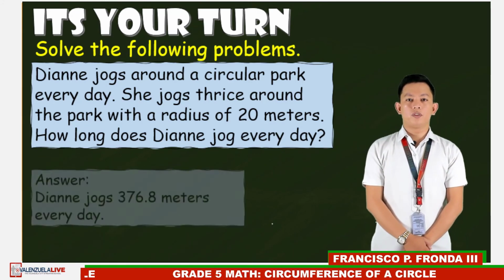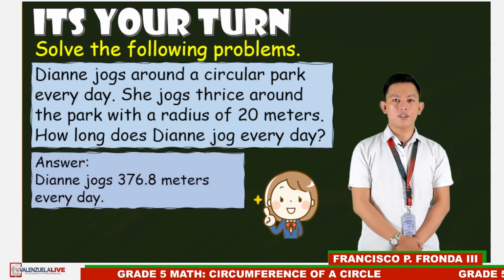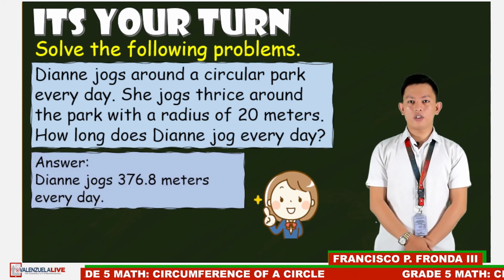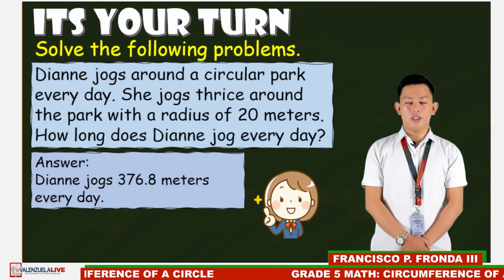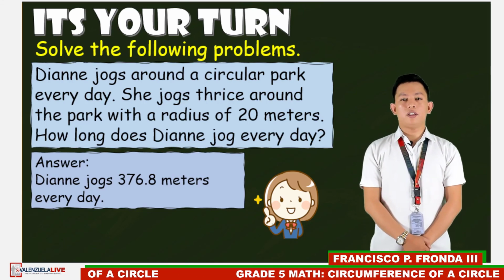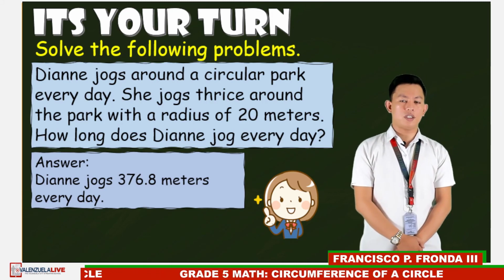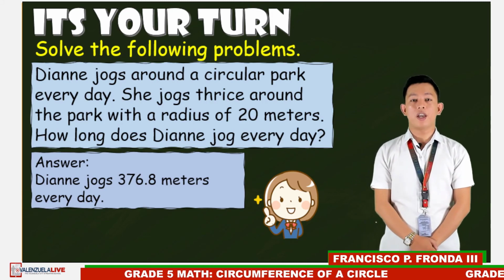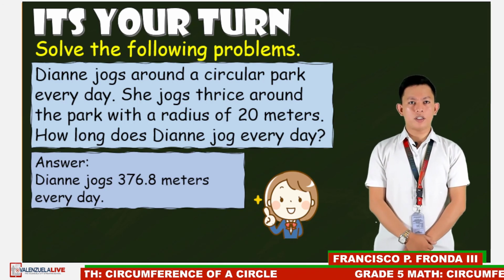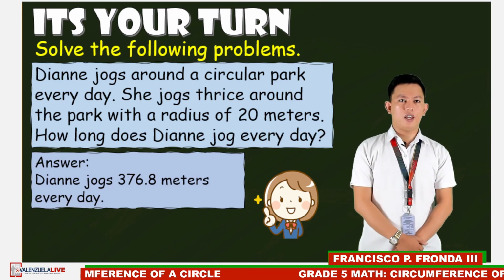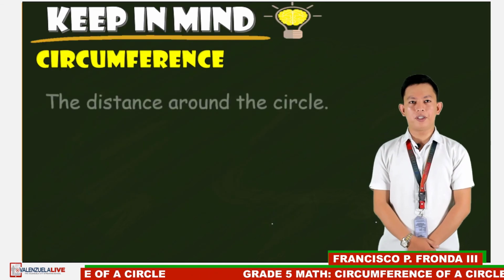Okay. Therefore, grade 5 learners, Diane jogs 376 and 8/10 or 376.8 meters every day. Okay. So I hope you got the correct answer. Okay. So good job, grade 5 learners.